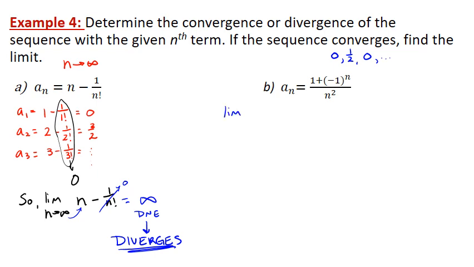So again, we want to see what this function is approaching. Remember that by the definition of the limit, whatever the limit as n approaches infinity of this function is, that's the limit of the sequence as well. So the limit as n approaches infinity of 1 plus negative 1 to the nth power over n squared.